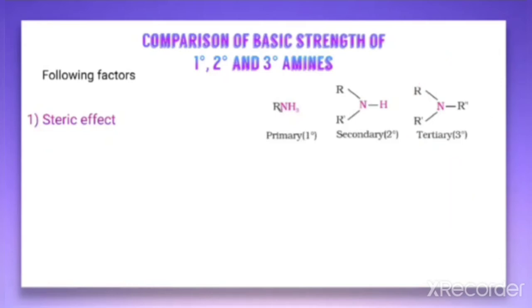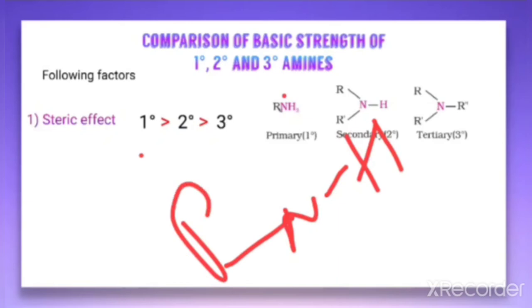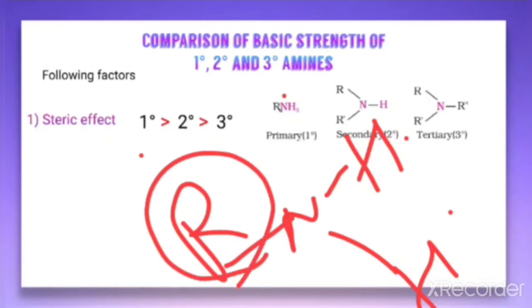So when we compare the primary, secondary and tertiary, we can say that the primary will be most basic, then secondary, then tertiary, because there is least crowding in the case of primary, because the nitrogen is surrounded with only one alkyl group and there are 2 hydrogens, that is a smaller size hydrogen and bulkier size alkyl.